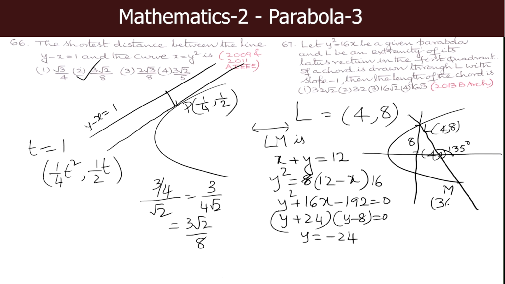So, this is (36, minus 24). That is M. So, what is LM? 36 minus 4, 32 square plus 32 square, once again, square root of this, which is 32 root 2. So, that is the length of the chord LM, which is the first option.